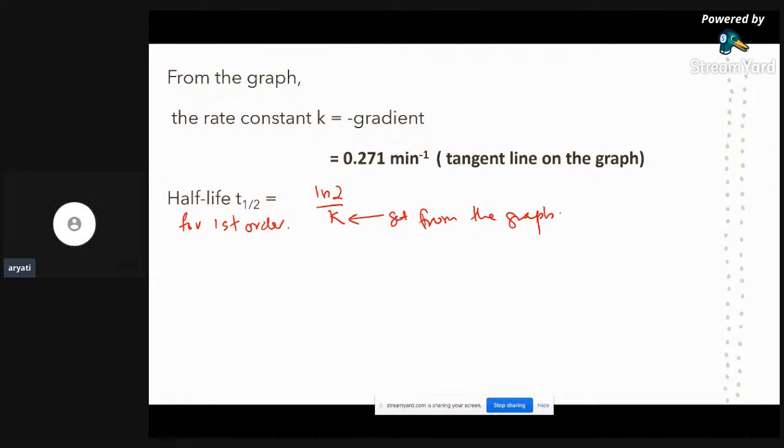Okay, so gradient, m equal to the value of k. So kamu nak cari gradient m equal to delta y over delta x.